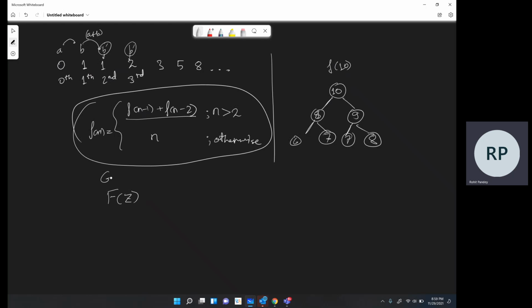This is the generating functions method, is equal to f of 0 times z to the power 0 plus f of 1 times z to the power 1 plus f of 2 times z squared, and so on, all the way to infinity, right? This is infinite terms. For most values of z, this will blow up, but that's okay. That's how we're defining the function.